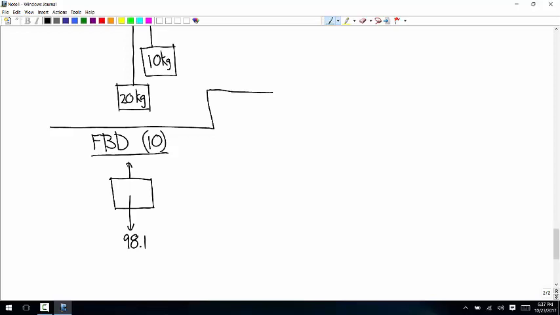And then a cable tension up. So Newton's second law says 0, negative 98.1 plus 0T is equal to the mass times the acceleration vector.